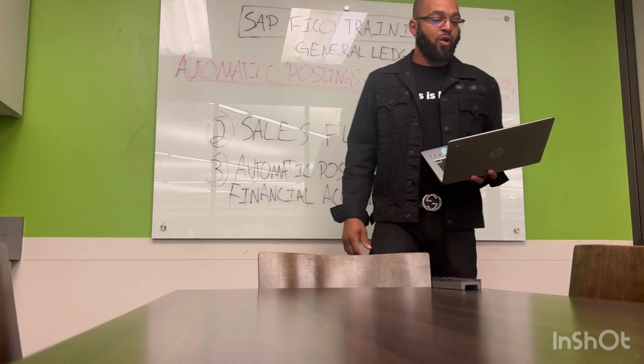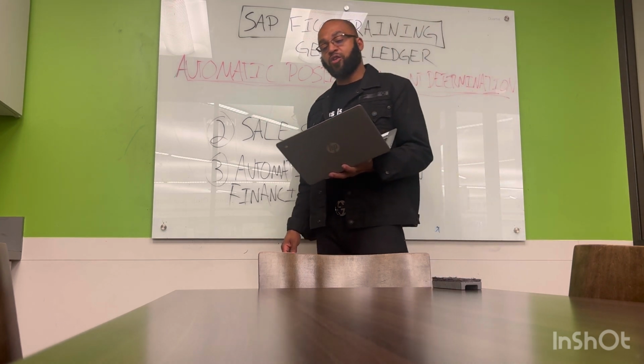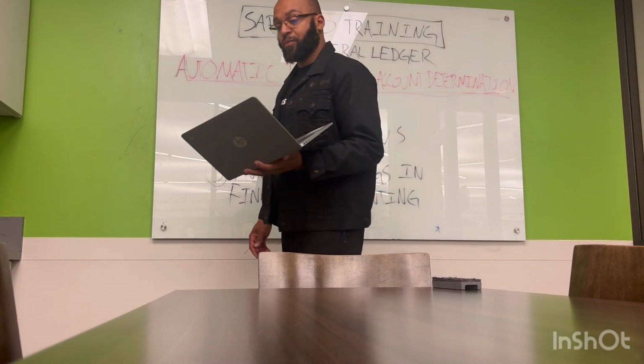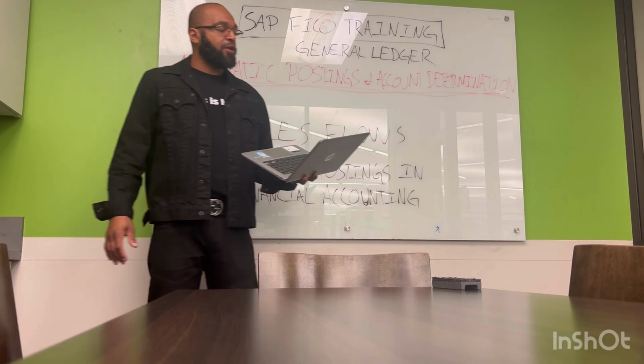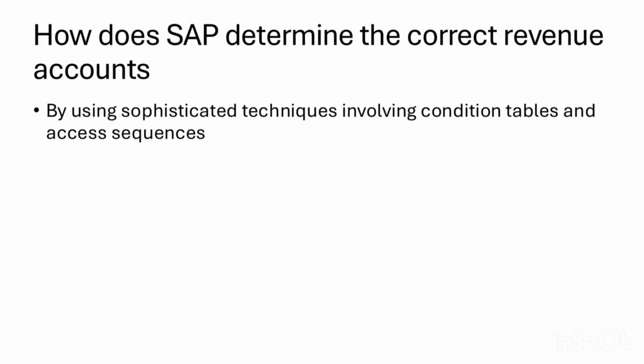So the question is, what generates the financial document for the customer invoice receipt? The creation of the billing document. How does SAP determine the correct revenue accounts?